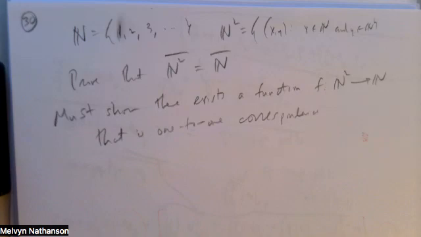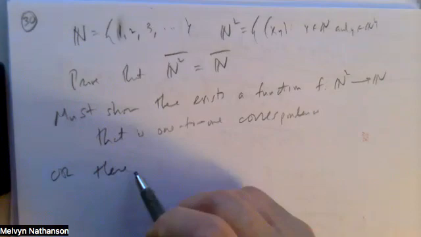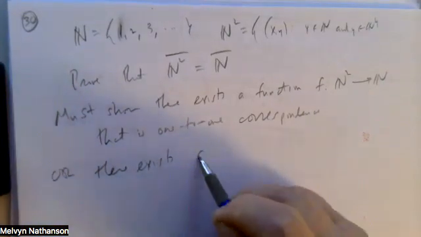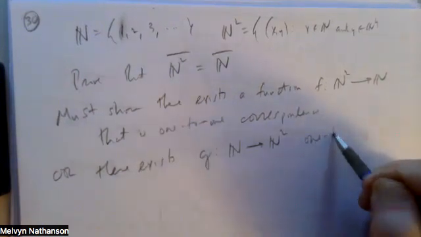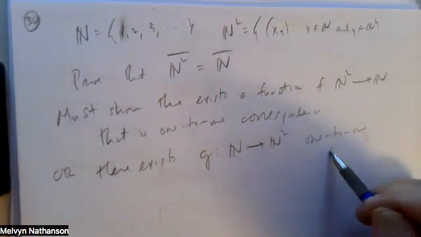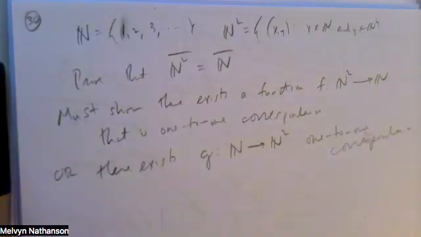Or there exists a function, say g, from n to n squared that's a one-to-one correspondence. Either way. I thought that the first one represents the domain, and the second is the codomain. No, that's true, but it doesn't matter.